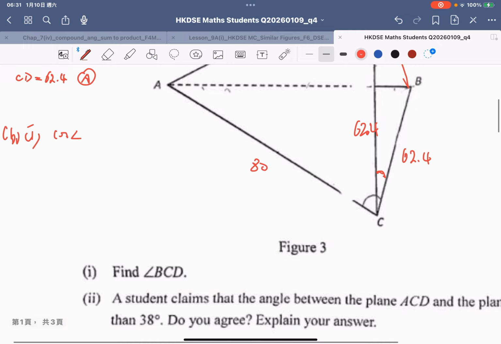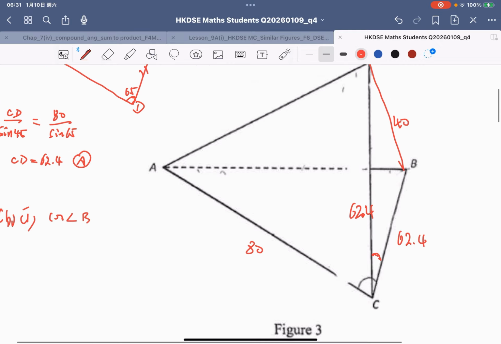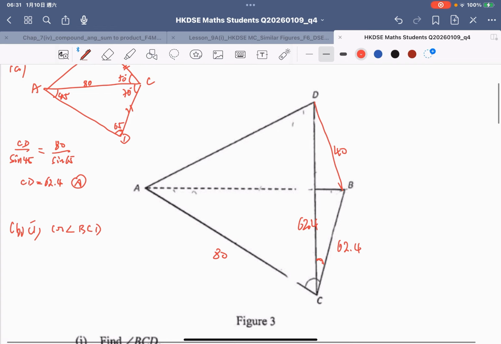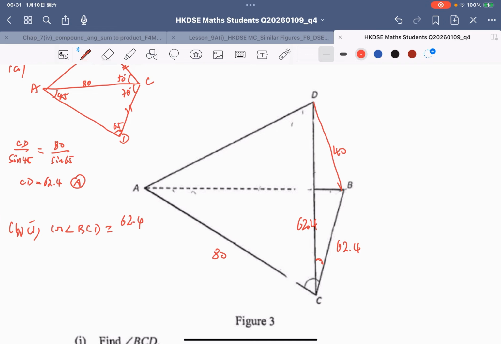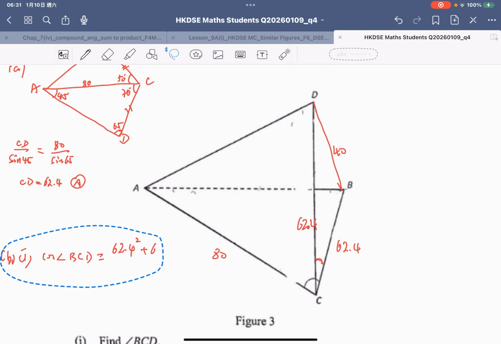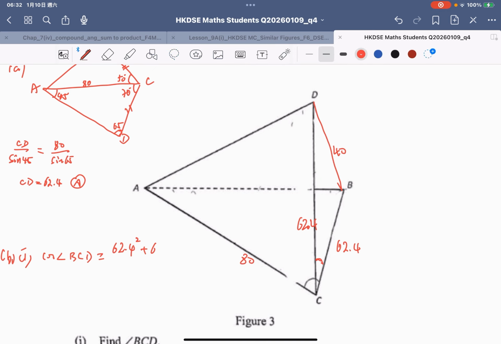Cosine angle BCD equals 62.4 square plus 62.4 square minus 40 square over 2 times 62.4 square.